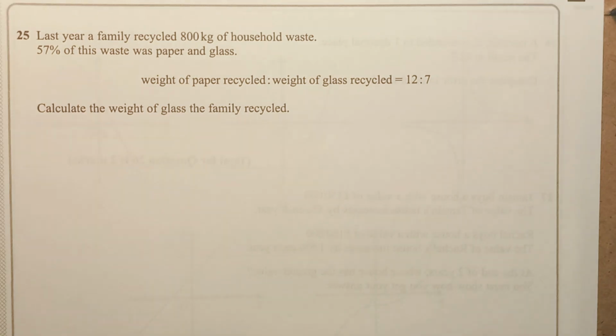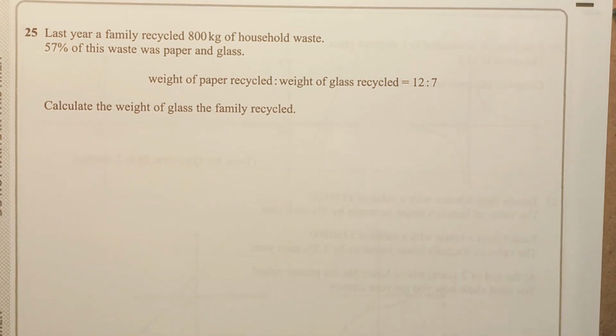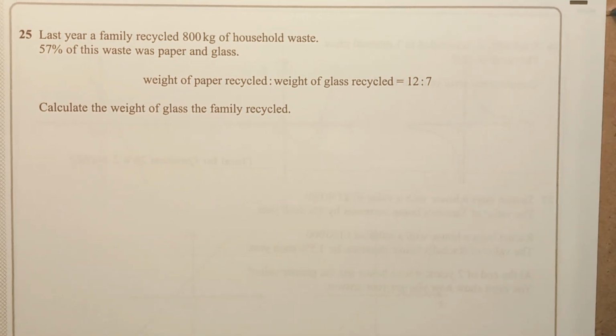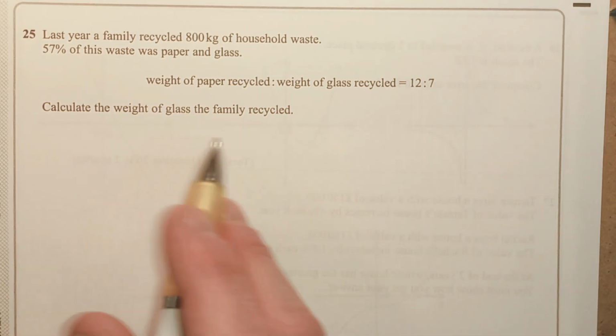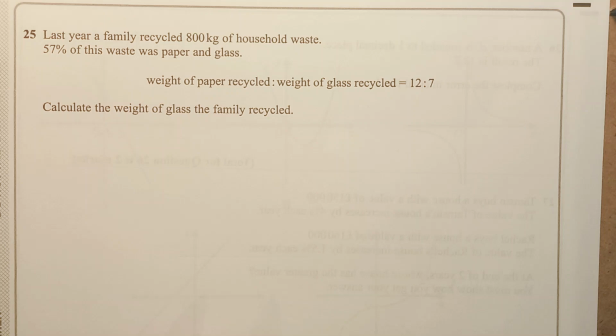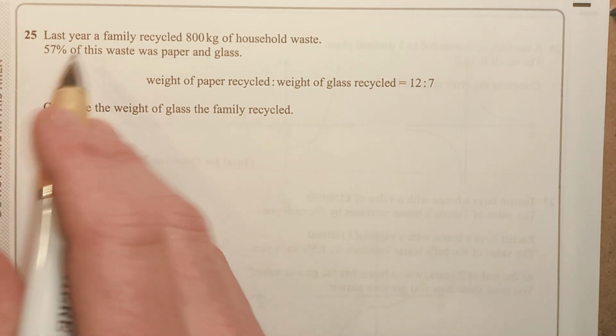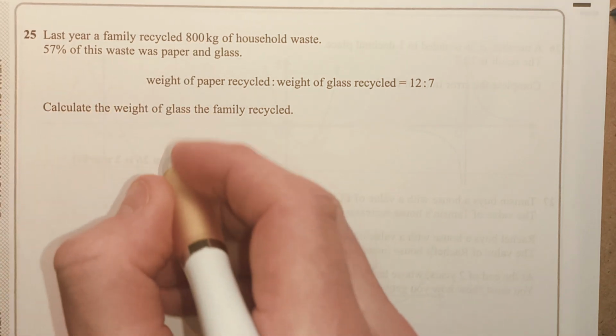Question 25. Last year a family recycled 800 kilograms of household waste. 57% of this waste was paper and glass. The ratio of the weight of paper recycled to the weight of glass recycled is 12:7. Calculate the weight of glass the family recycled. Okay, so let's work out how much of this waste was paper and glass first of all.